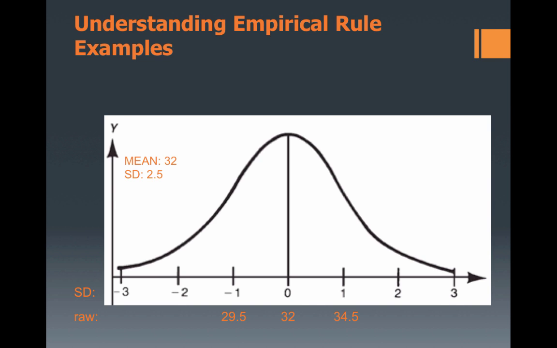For plus or minus 2 standard deviation units, we have 37 and 27. And the raw scores that correspond to 3 standard deviation units above and below the mean are 39.5 and 24.5.